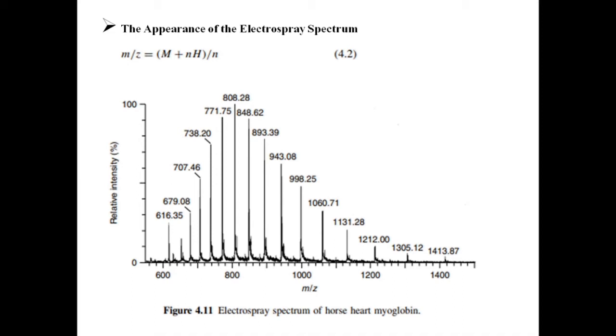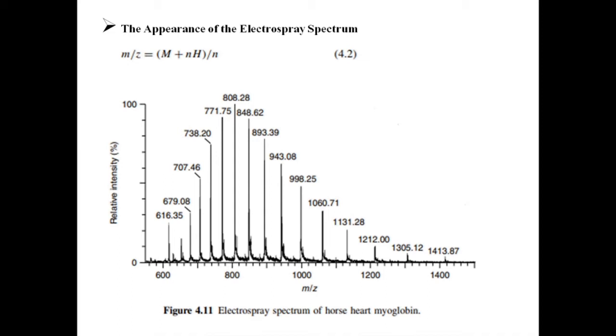For low molecular weight materials below 1000 Dalton, the number of sites at which protonation can occur is likely to be small, and the electrospray spectrum is likely to be relatively simple and contain only a few ions.